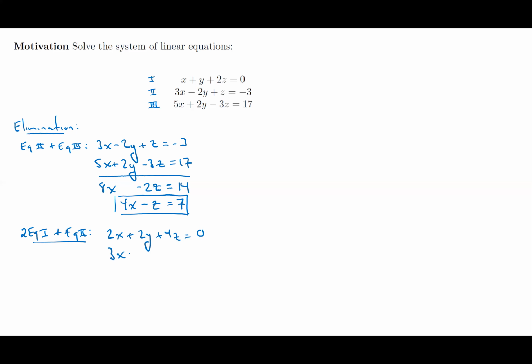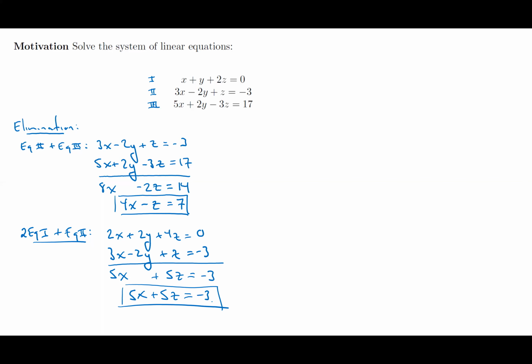And then we have a 3x minus 2y plus z equals -3. Add these. We have a 5x plus 5z equals -3. And so there's my second equation for my new system.